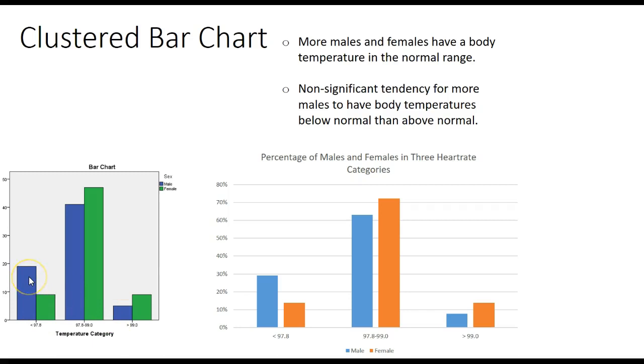So if we compare males below and males above, we see this difference. Now I could have tested whether that was a significant difference by simply doing a chi-square for those two cells. I'd have to create a new variable to do that and drop out these participants in the middle. But I didn't test that.